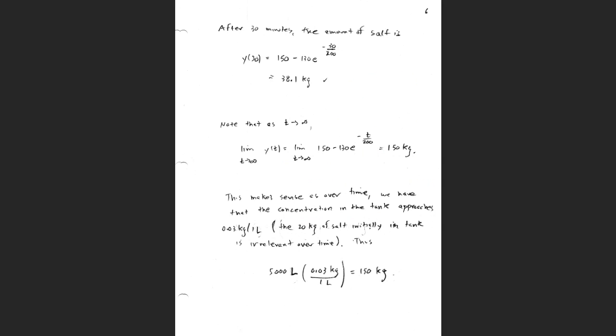So over time, the concentration of salt in the tank is 0.03 kilograms per liter, because that's what the briny solution is. And so if you take 5,000 liters, that's how big the tank is, and multiply it by 0.03 kilograms per liter, you get 150 kilograms of salt.